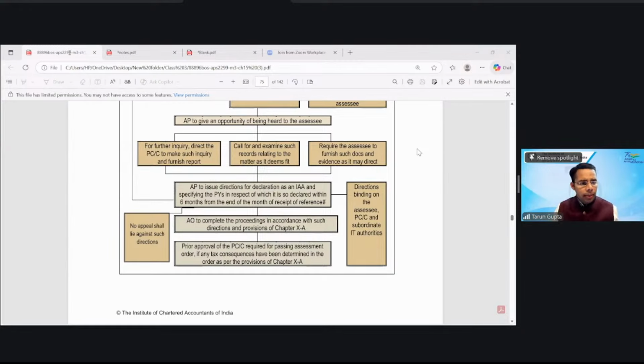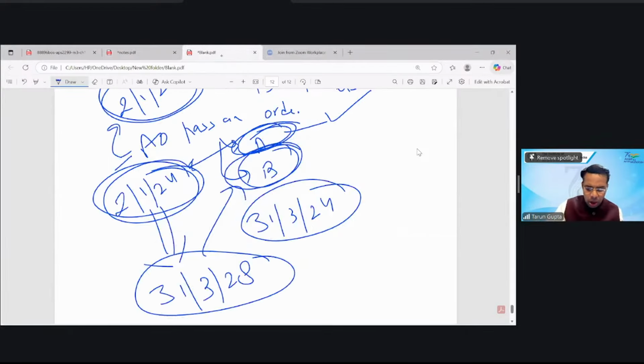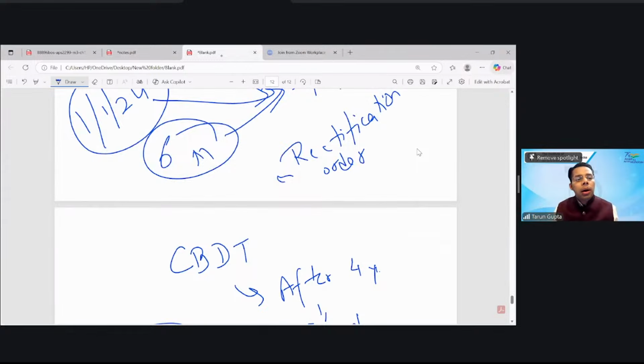What happens is that it generally applies in the case of non-residents. I'll discuss it very briefly since you have raised a question. You know there was the Vodafone transaction.